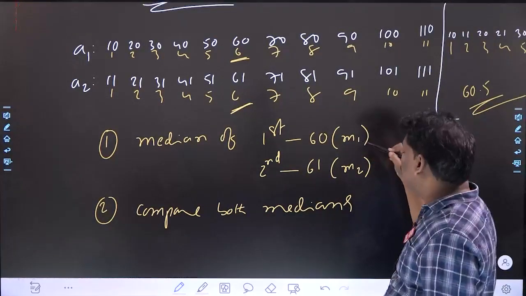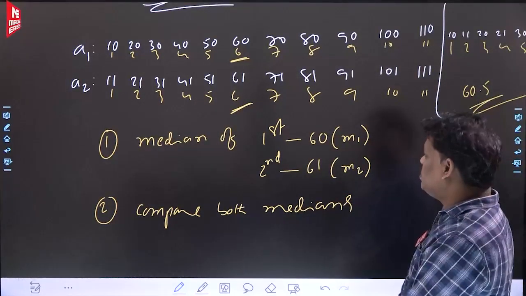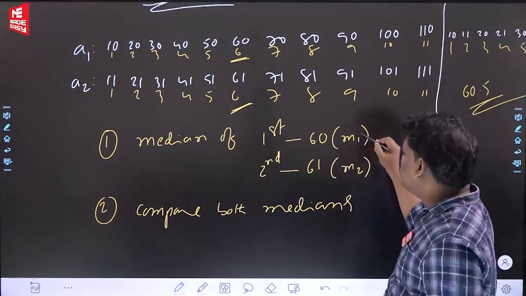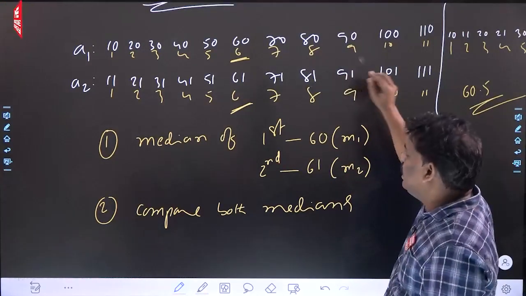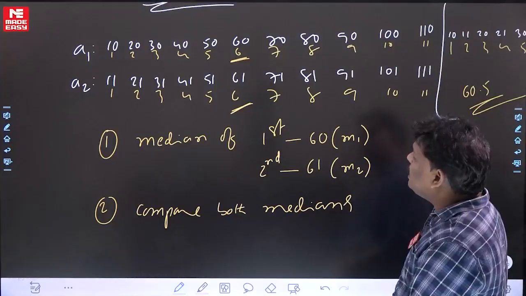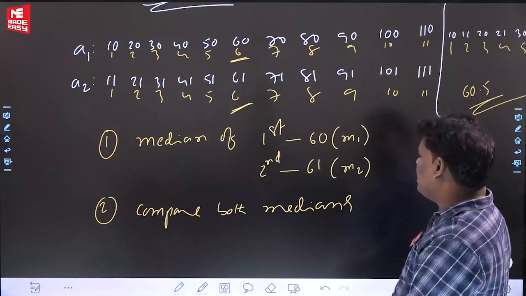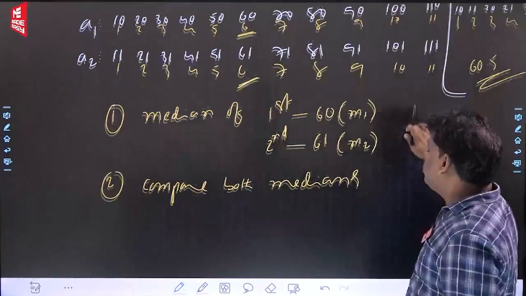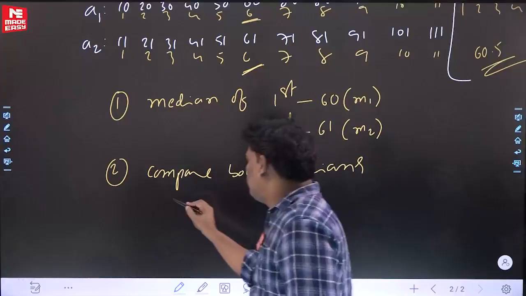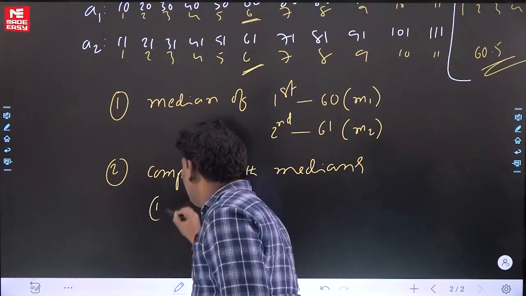Comparing median 1 and median 2, which is greater? The first median is assumed to be M1, the second median M2. Compare M1 and M2 and find which is greater. Now see the first step after comparing both the medians. 1.